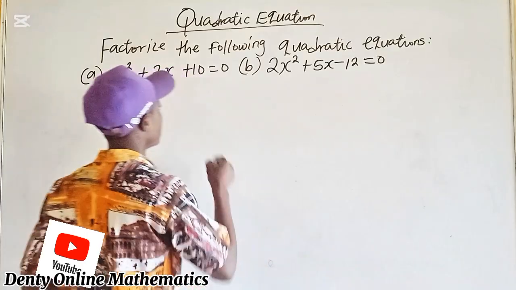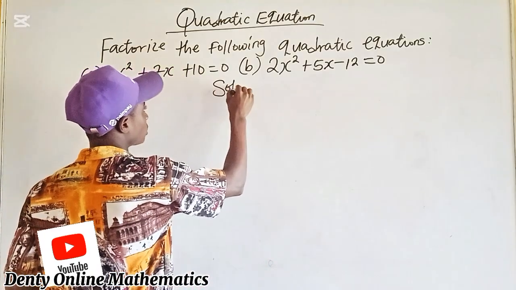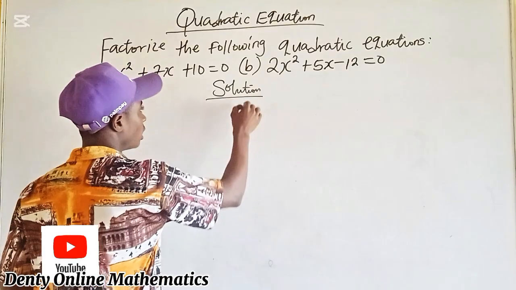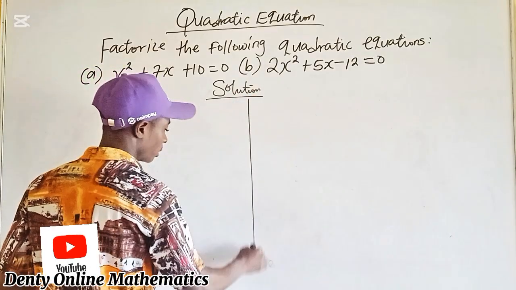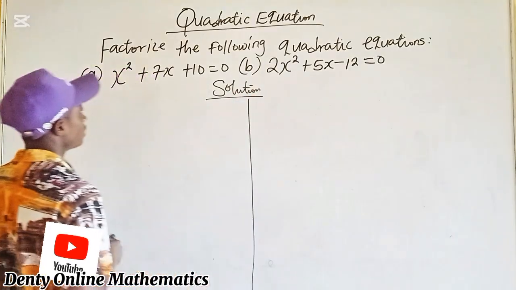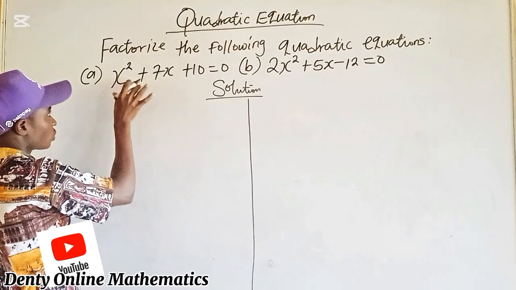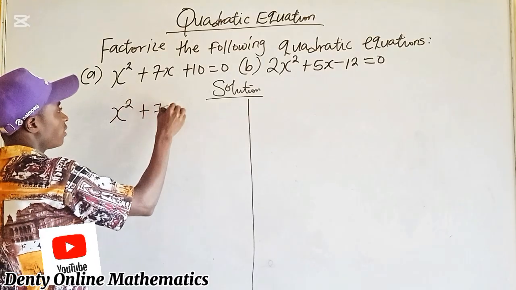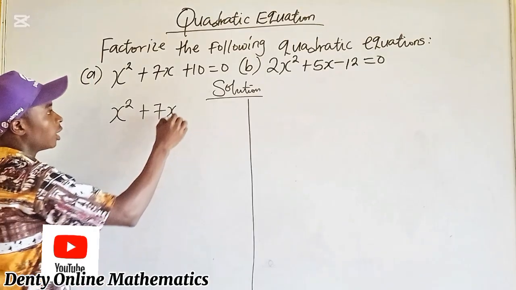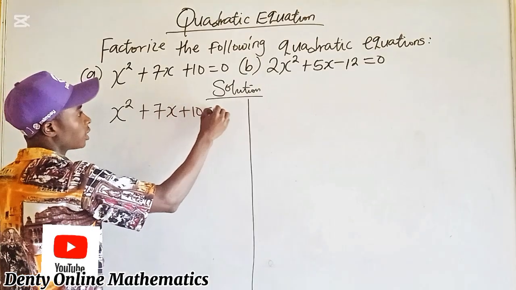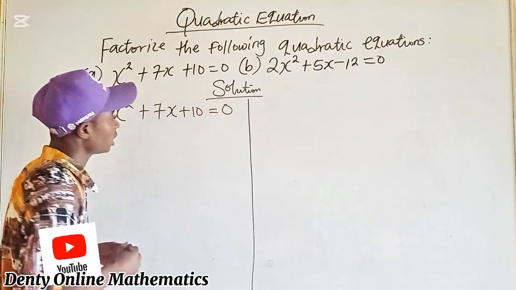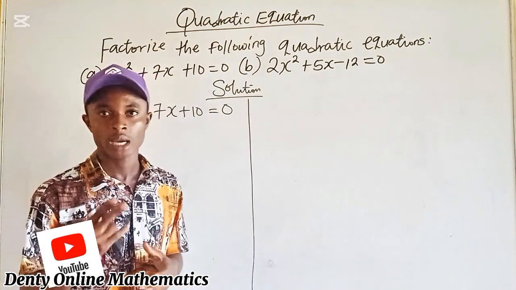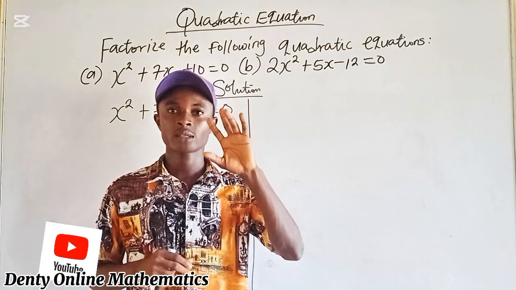Now let's get started. Here's the solution to this problem. For clarity's sake, I'll divide the board. For this first one, we have x squared plus 7x plus 10 equal to 0. Now to factorize this, we are going to look for two numbers, and in mathematics we call those numbers factors.